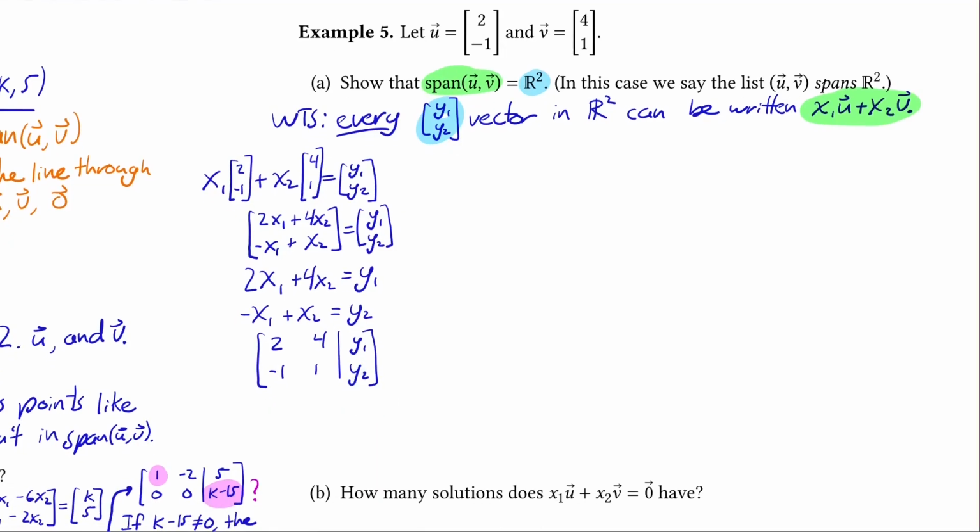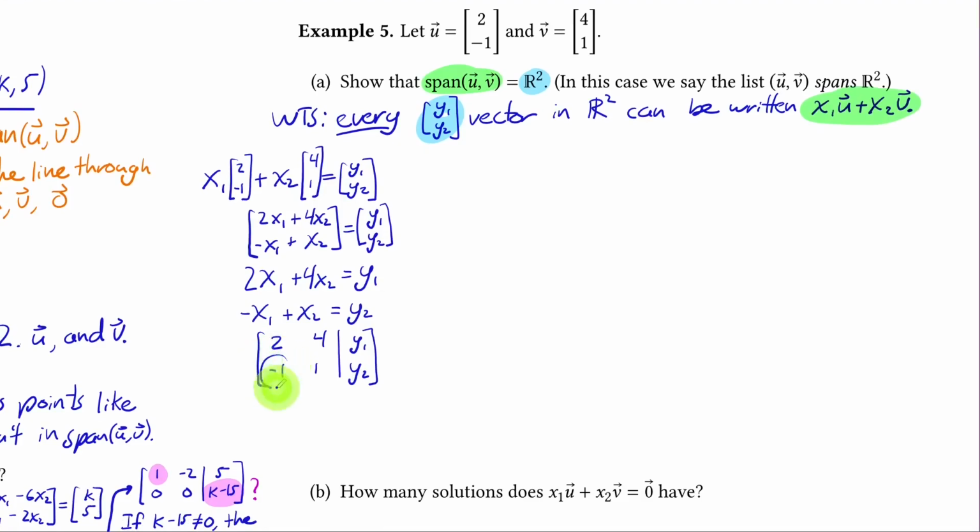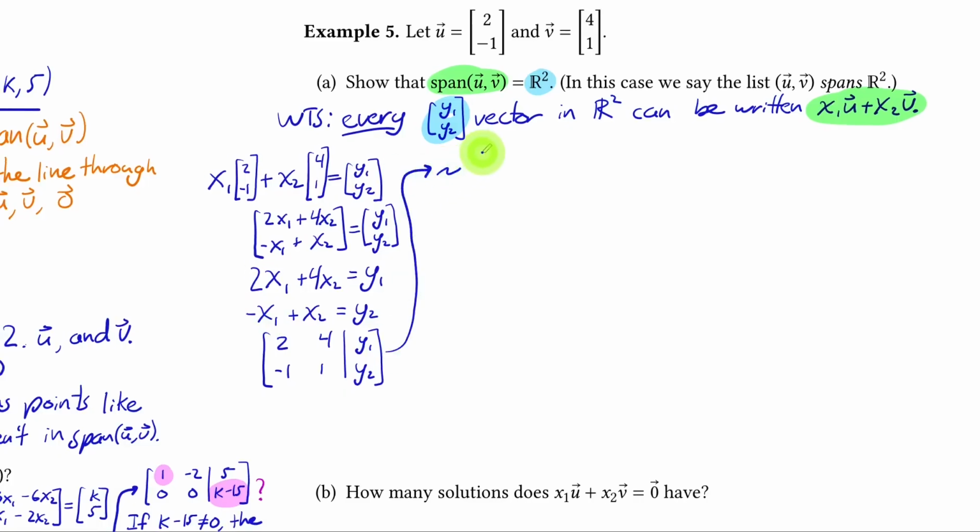and we can do some row operations to try to simplify this. So first, it's nice to have something with a coefficient of 1 in the top left position without having to deal with fractions. So I'm just going to swap the two rows, and the y1 and y2 get swapped with those.